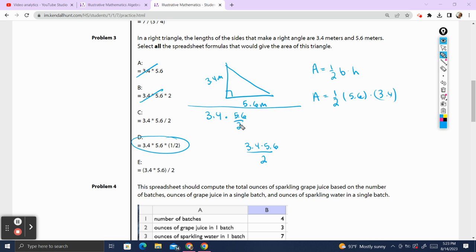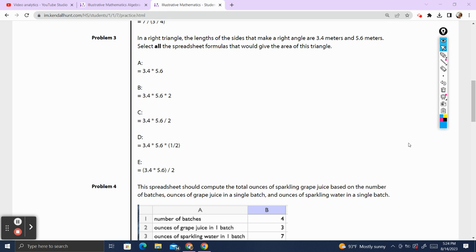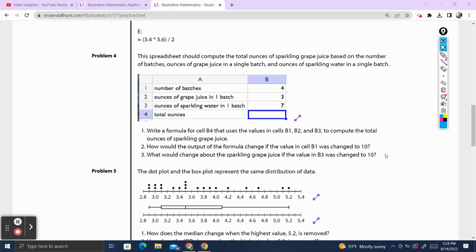When we have the 1/2, we're multiplying it by both the 5.6 and the 3.4. So this over here would not be correct, whereas this one is divided by both of them. And so this would be your correct answer. If you're having some trouble with this question, it means you should go back and review your order of operations and some of your fractions from earlier lessons. Let's keep going.